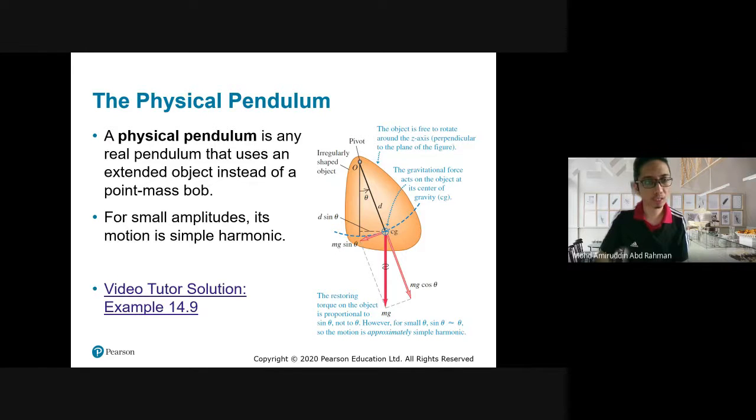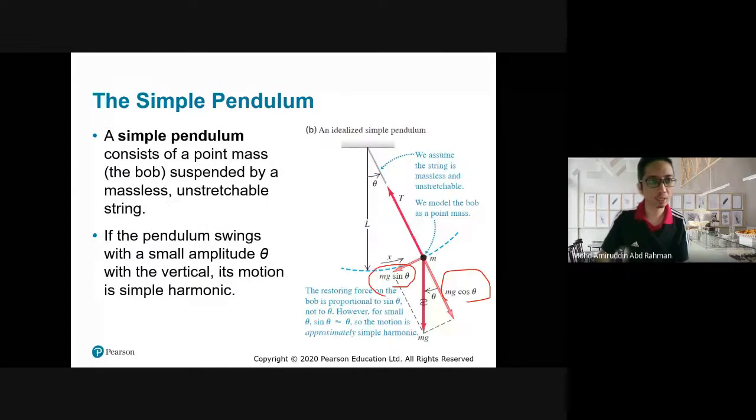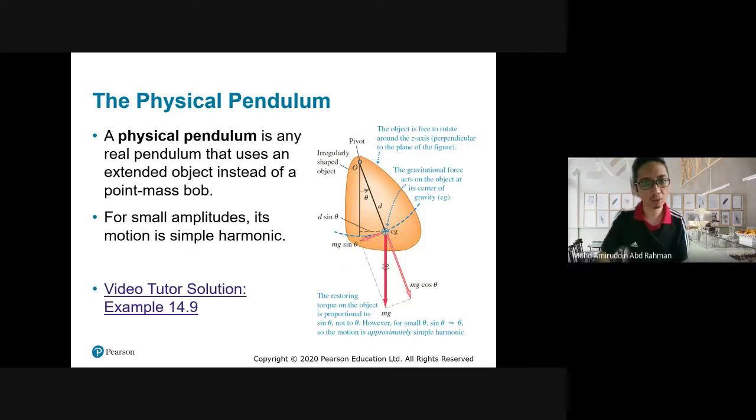Okay, so a physical pendulum. Over here is the simple pendulum, which we mentioned is the ideal pendulum. A physical pendulum is any real pendulum that uses an extended object instead of a point mass bob. For small amplitude, its motion is still simple harmonic.